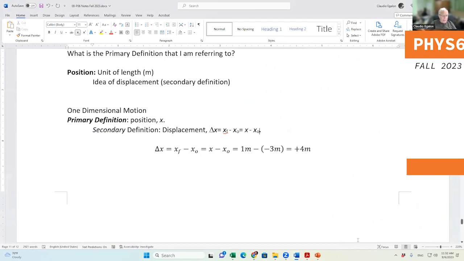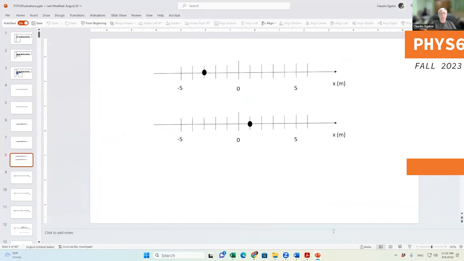For the case that I illustrated here, we have this initial position and this final position. The delta x of this particle is going to be 1, 2, 3, 4 meters to the right. We can even denote the displacement of the particle with an arrow.